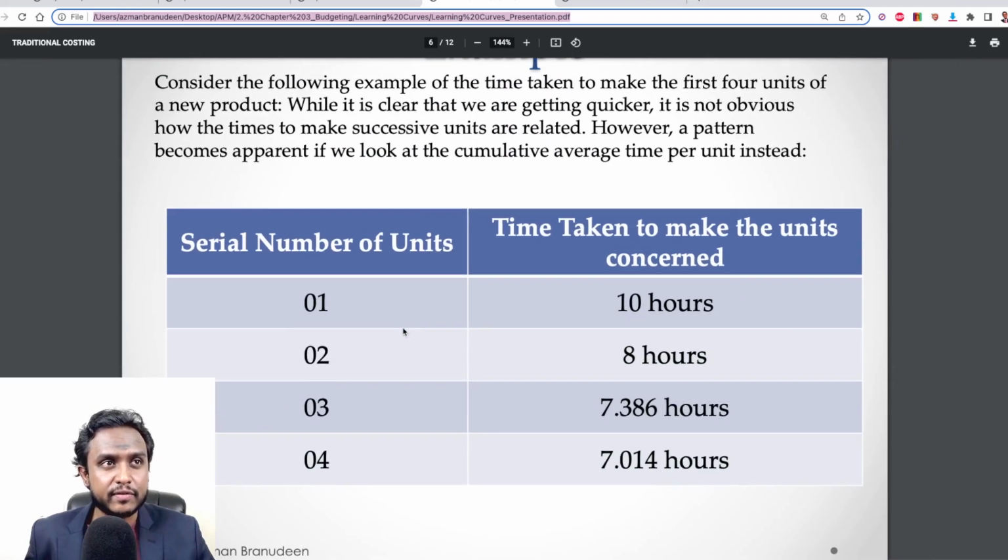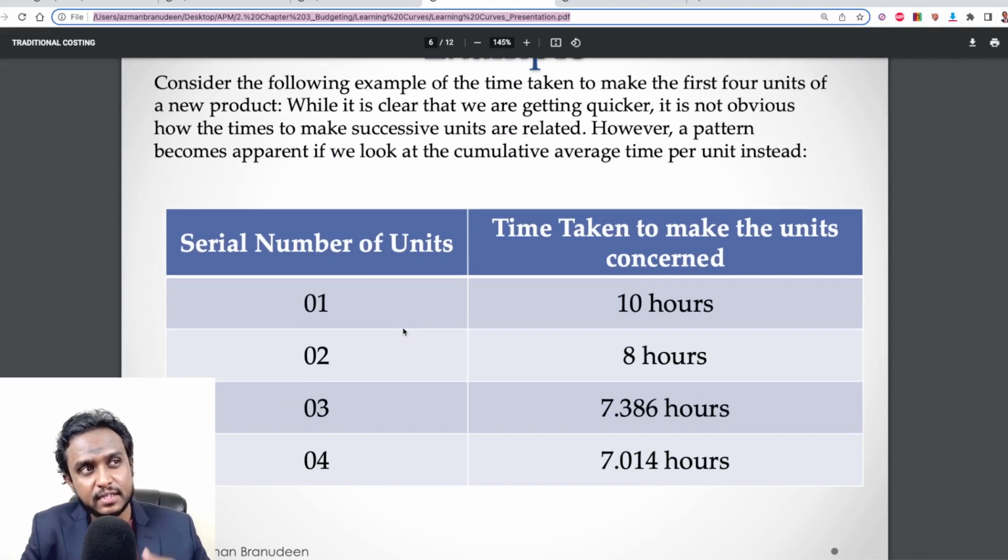To give you an example, to manufacture the first unit, someone takes 10 hours. And then to manufacture 2 units, ideally what should happen is 10 into 2. They should be taking 20. But in this particular example, this person, to manufacture the second unit, is taking just 8 hours. That means for the first unit 10 hours, second unit 8 hours, total time is 18 hours.